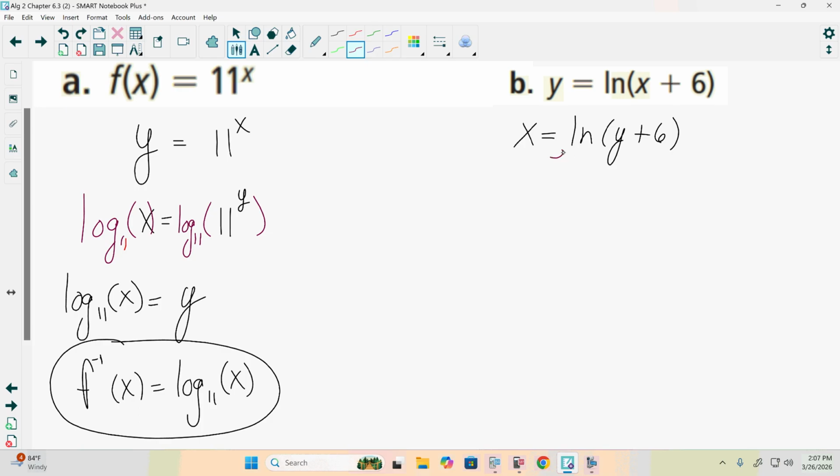So if I put the right-hand side, that natural log, to the base e, the natural log and that e will simplify out, leaving the right-hand side as y plus 6. However, I can't do this to one side. We've got to do it to both sides. So the left-hand side is e to the x. Makes the switching step a little bit nicer.